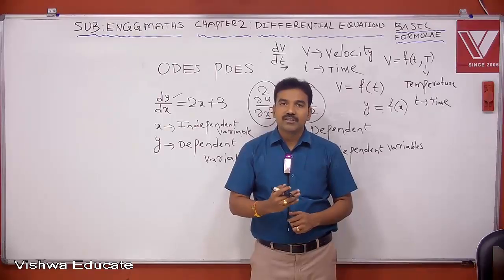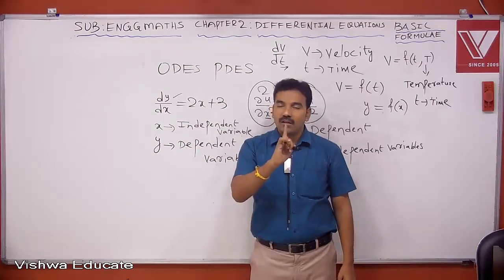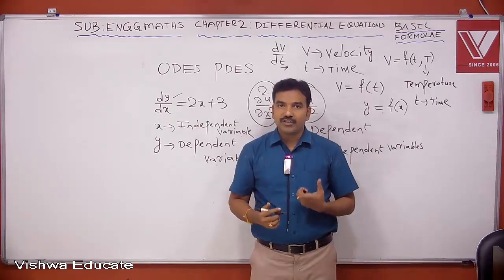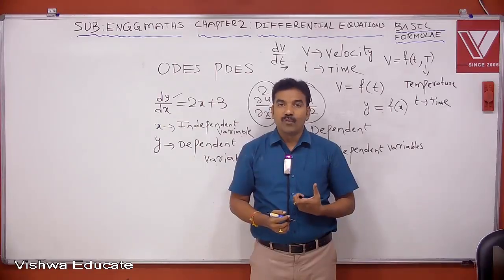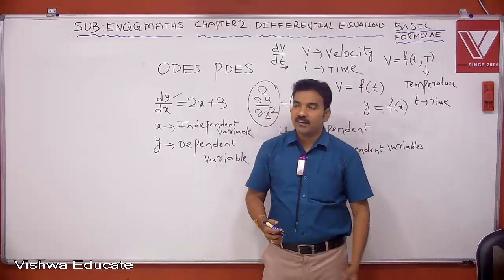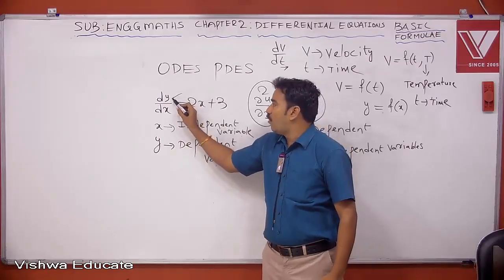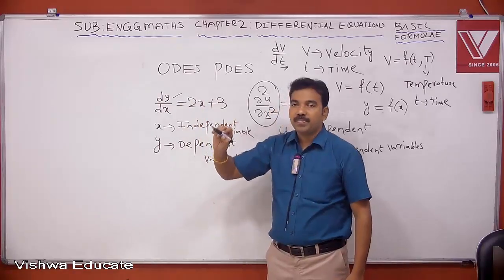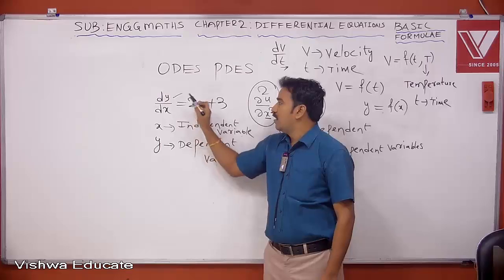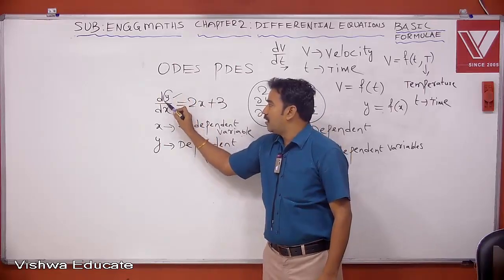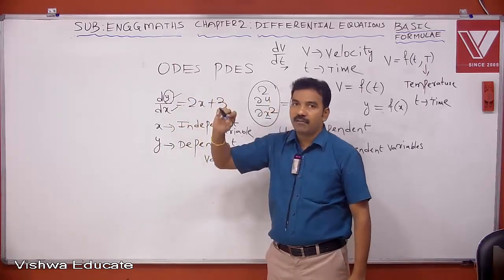Now, throughout the differential equations, we have a single goal, that is solving the differential equations. Solving differential equations, what does it mean? So solving this equation is nothing but finding the value of y in terms of x. Solving a differential equation is nothing but finding the value of dependent variable in terms of independent variable.